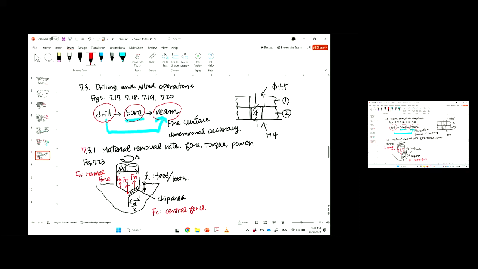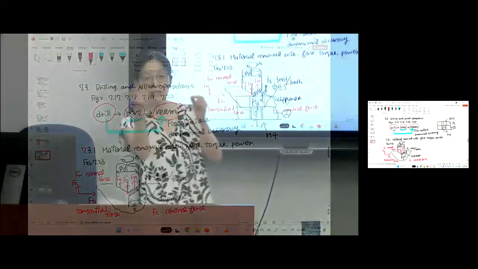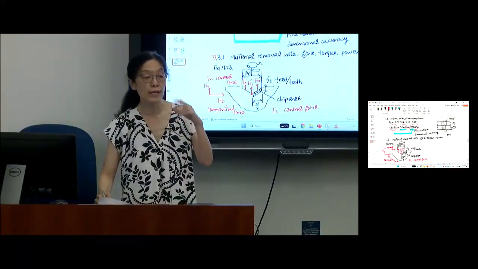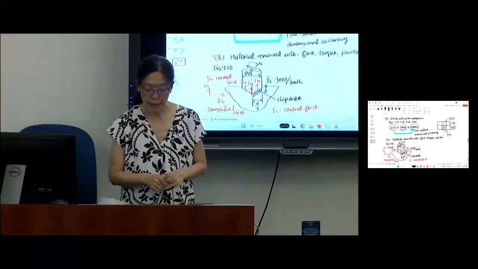Because it's drilling. So I cannot draw it, but in the tangential direction we put Ft. This is the tangential force, really the cutting direction. So Ft is the most important when we estimate power or torque.